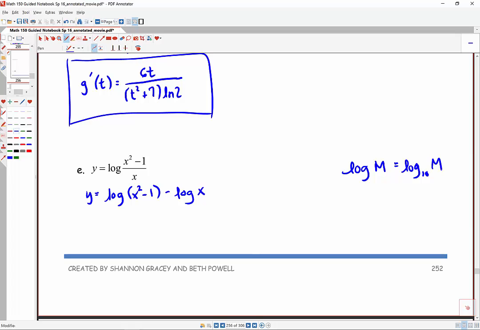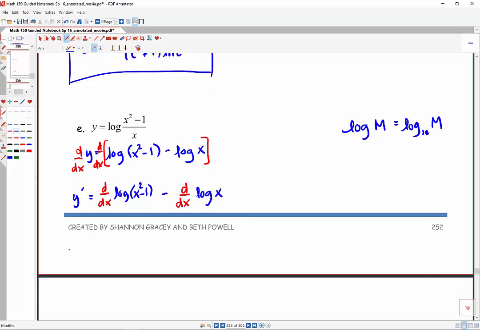So here we go, differentiating both sides with respect to x. We will have y prime is equal to, so we can do these derivatives individually, right? So we're going to have d/dx of log base 10 of x squared minus 1 minus d/dx of log base 10 of x.